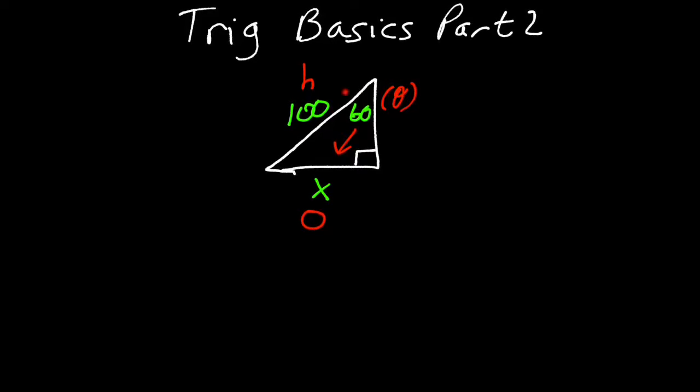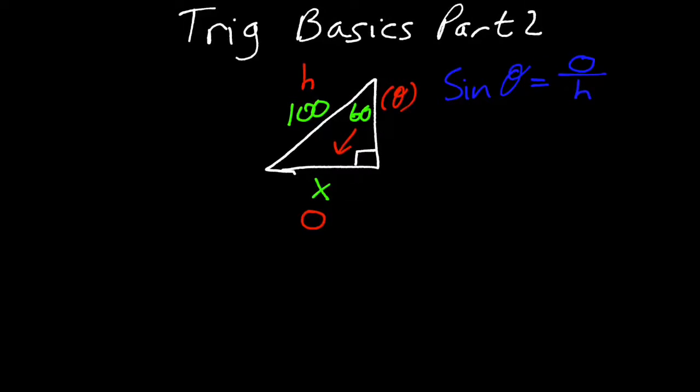So I have an angle, I have an opposite side, and I have a hypotenuse. What trig function relates the opposite and the hypotenuse to the angle? Hopefully you say sine, and that is correct, because remember, the sine of an angle is the opposite divided by the hypotenuse.